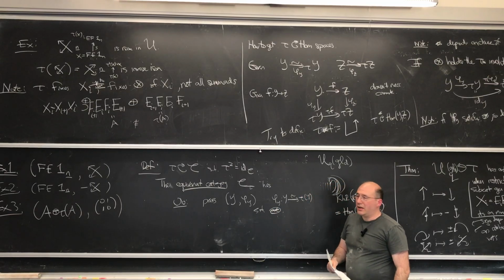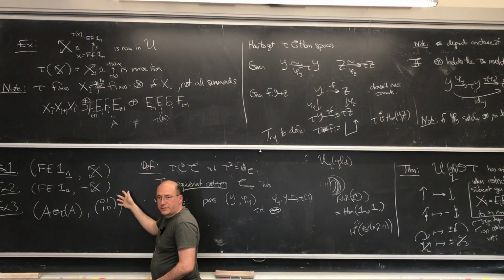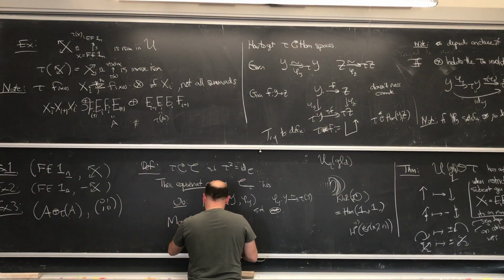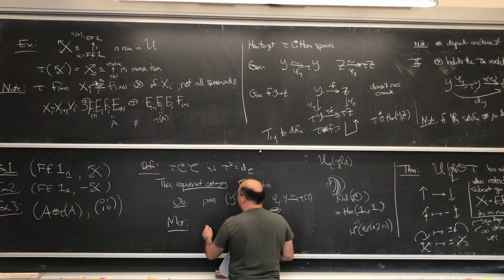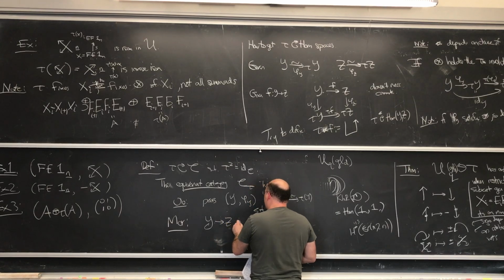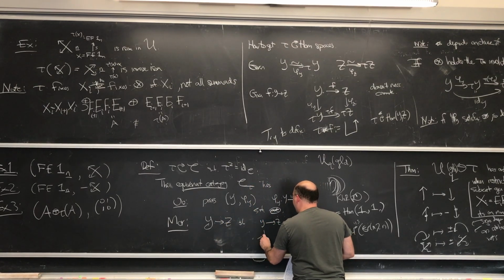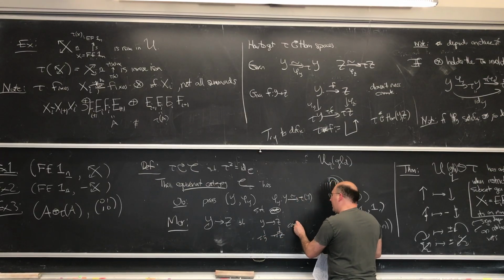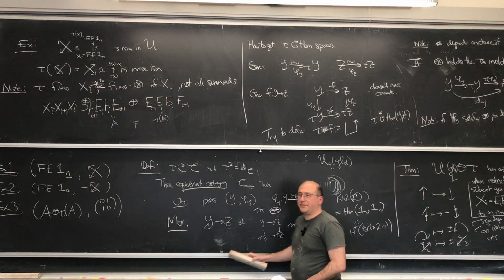So these are examples of objects in the equivariant category. And a morphism would be a map that makes the natural diagram commute. All right, so a map y to z such that the square from y to z to tau y to tau z commutes.